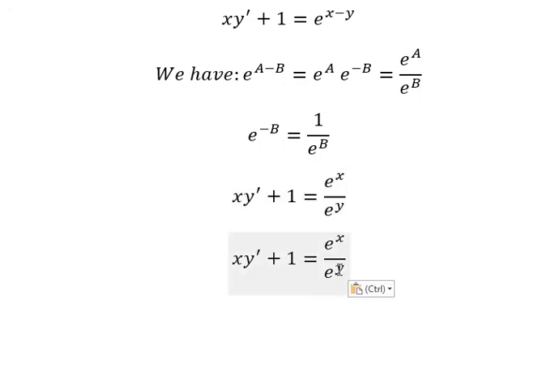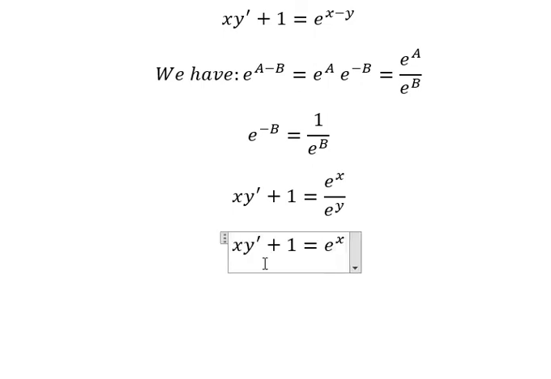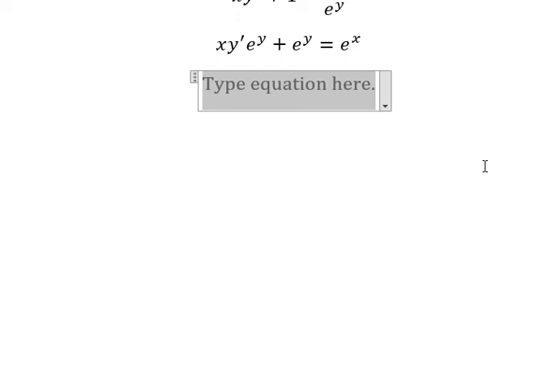Next, we multiply both sides by e to the power of y. Next, we have e to the power of y, and first derivative of y, e to the power of y. This is about Bernoulli's equation.